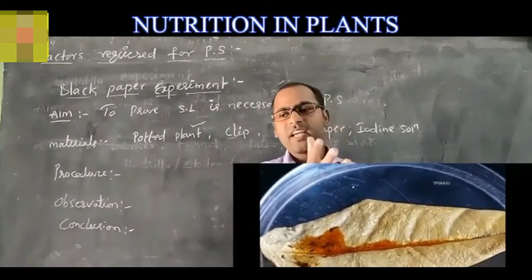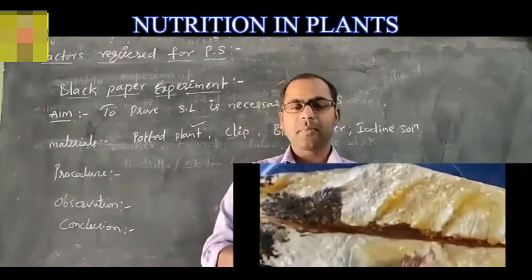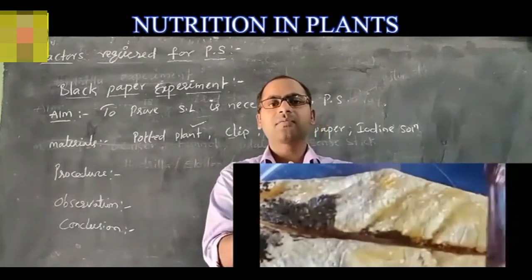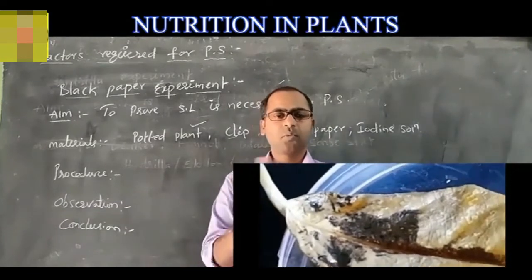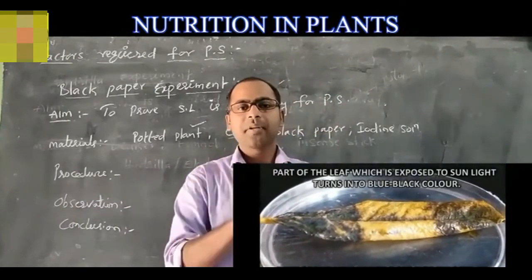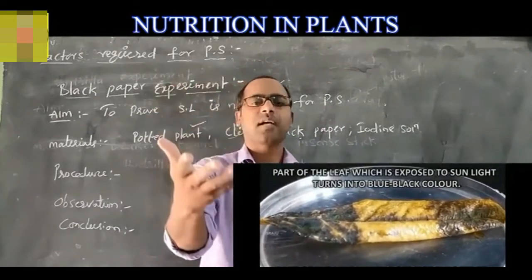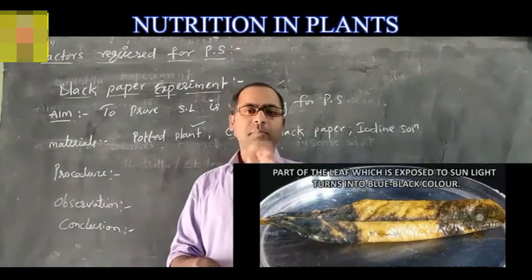Here we can see that the part of the leaf where the black paper was placed is not converted into bluish black color, and the part of the leaf where the black paper was not placed, which is exposed to sunlight, is converted into bluish black color.